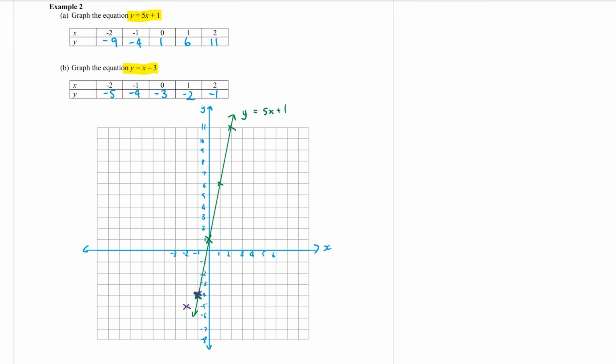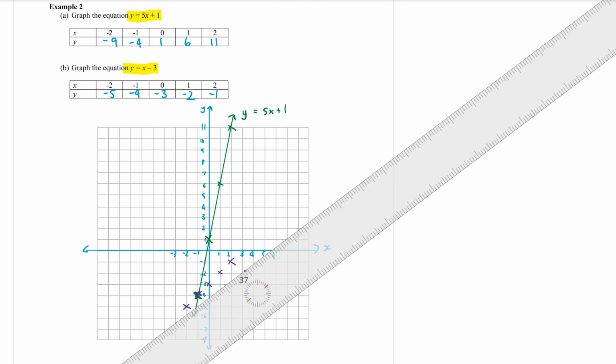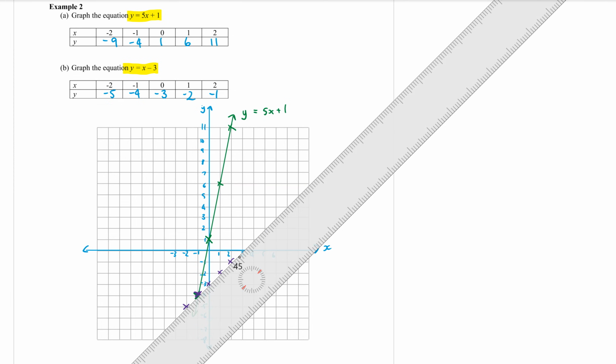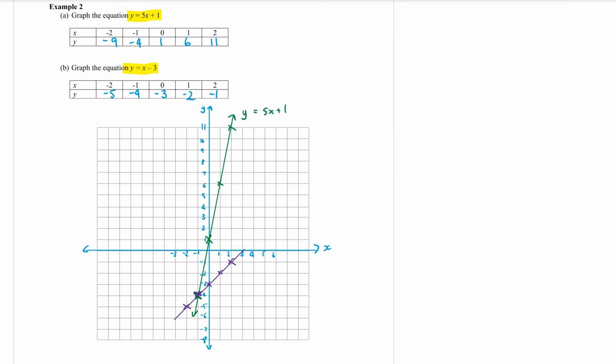Then 0, minus 3 is there. 1, negative 2, sorry, I missed one. 1, negative 2, and 2, negative 1. All right, ruler again, they're looking nice and straight. And a line going through them. Arrow on the end. And writing the equation, that one was y equals x take away 3.